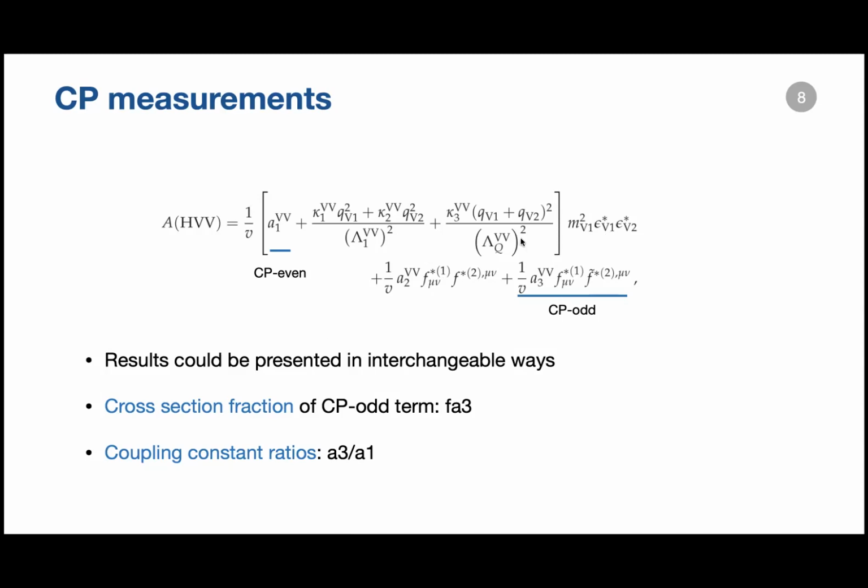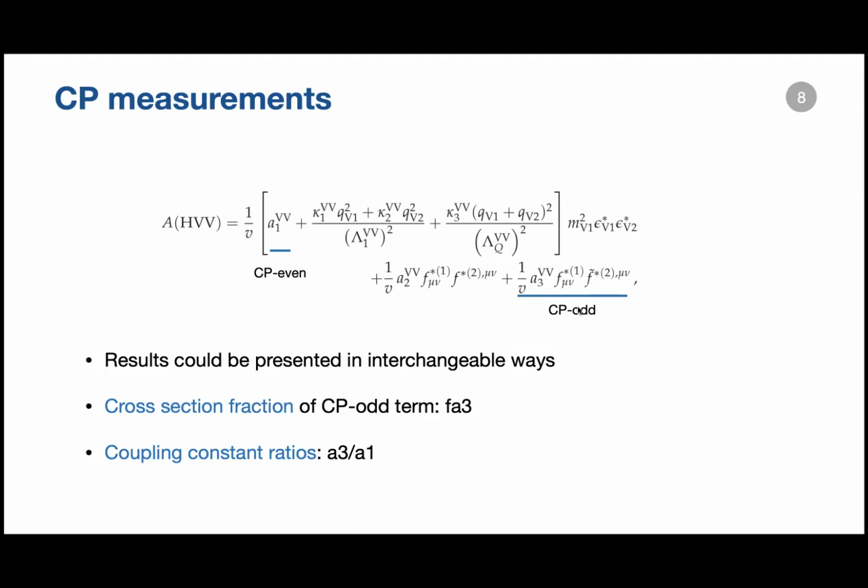Since we here are talking about CP measurement, I focus on the CP even, Standard Model, and the CP odd terms. So in practice, we just need to know what is the size or what is the contribution from these two terms. And you see that there are coupling constants modifying these interaction patterns: A1, which modifies the CP even term, and A3 modifies the CP odd term.